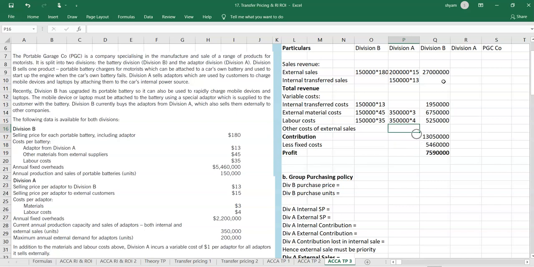So that is going to be only for the external sales. So for external sales alone, it's going to cost $1. Is there a fixed cost? Yes, the fixed cost is there, so we have to put that also.